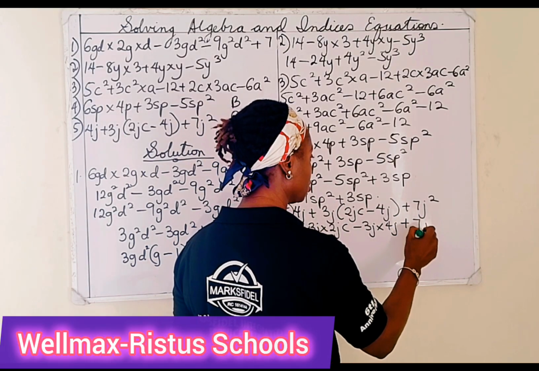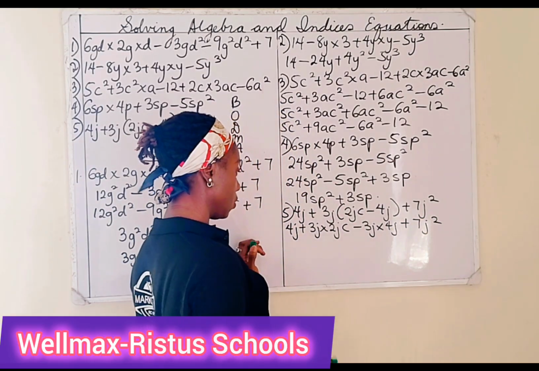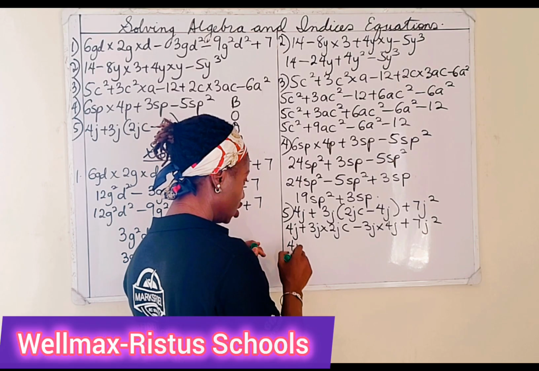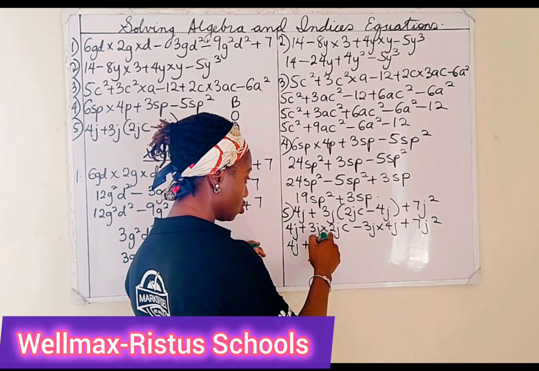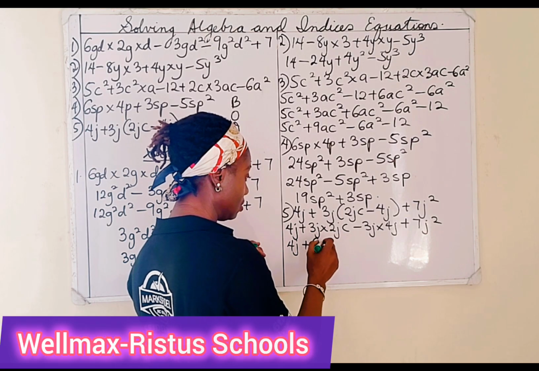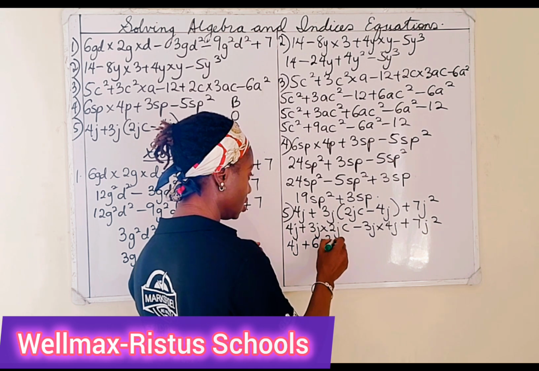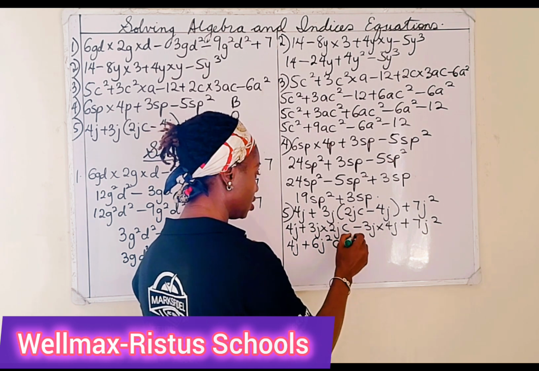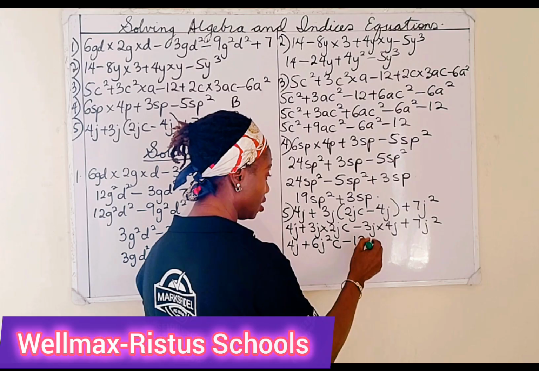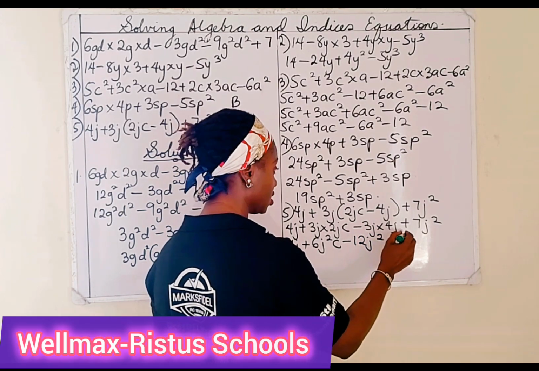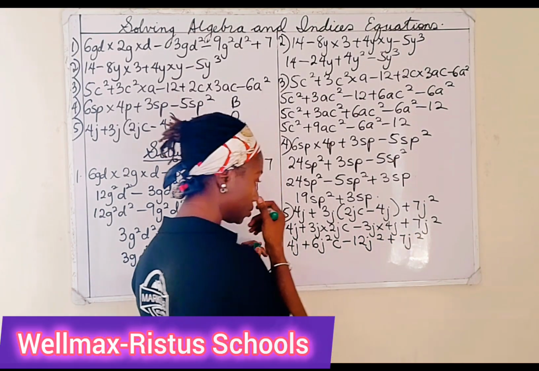plus 7j squared. Okay, now we have 4j plus 3 times 2 is 6, j times j is j squared, then c minus 3 times 4 is 12, j times j is j squared plus 7j squared.